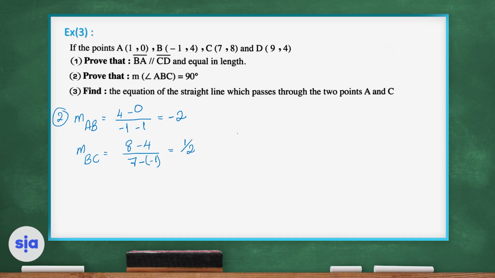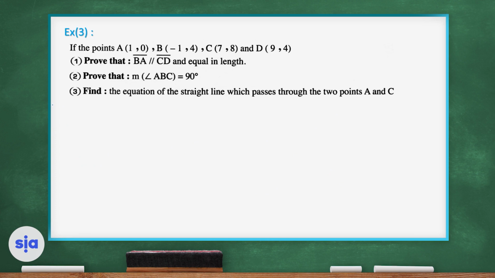Then, to prove that they're perpendicular to each other, you can say that the slope of AB times the slope of BC, which is negative 2 times half, is equal to negative 1. Then AB is perpendicular to BC, which proves that the measure of angle ABC is 90 degrees.